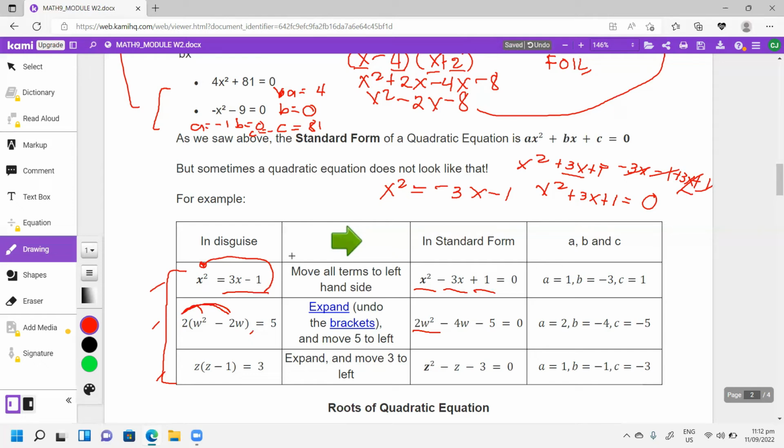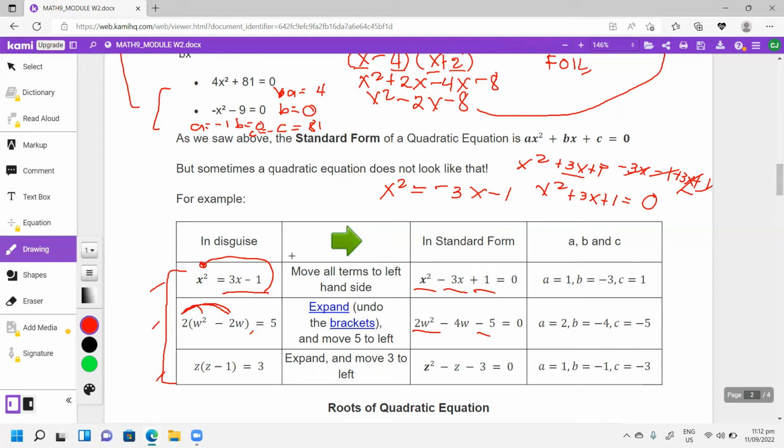Then we will transpose, or move, 5 to the left side. This is positive, so if we move it to the left side, positive will become negative. That's why positive 5 becomes negative 5. Then let us identify our A, B, and C. Our A is 2, B is negative 4, and our C is negative 5.